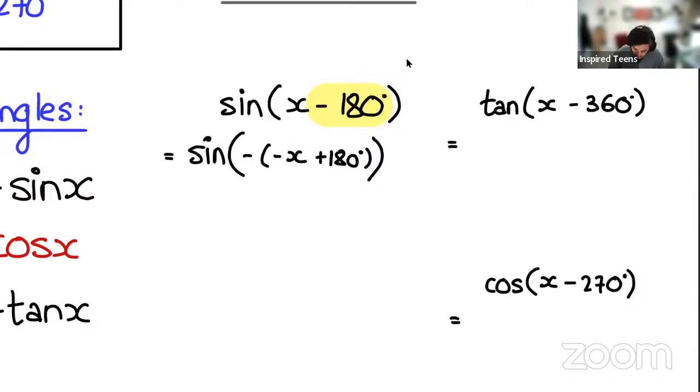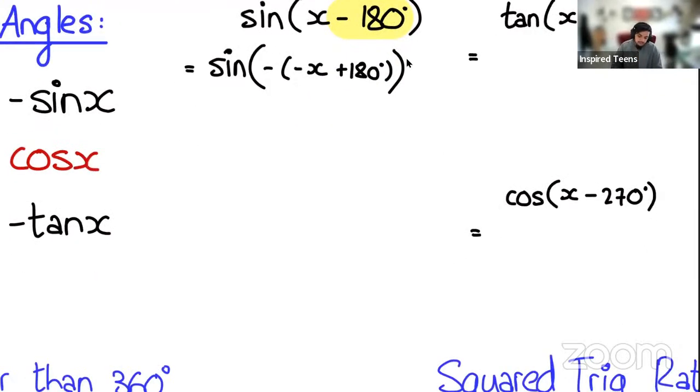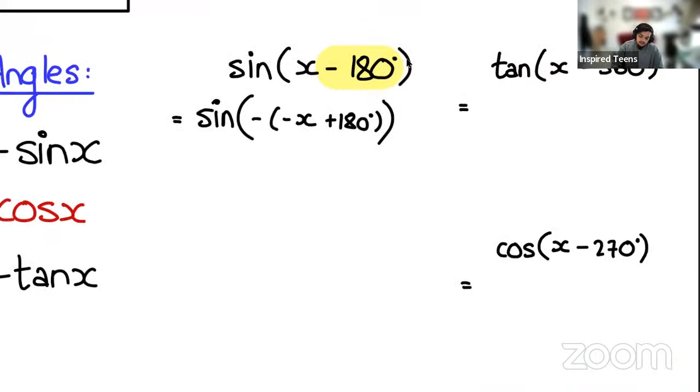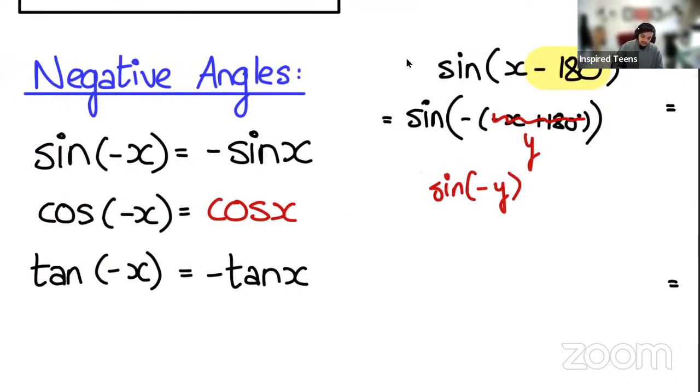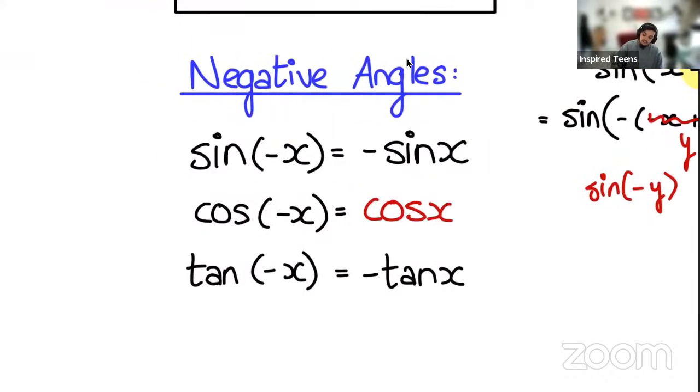Now in this case, we are in a position where we have this negative outside the bracket. We can see it almost like we don't care what's inside there, that could be y. So it's almost like we have negative sine negative y. And if we have a negative angle, we know for sine we can just take the negative out.